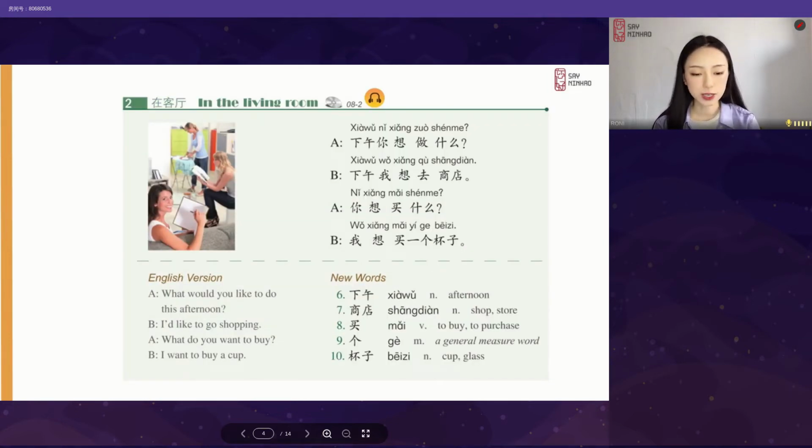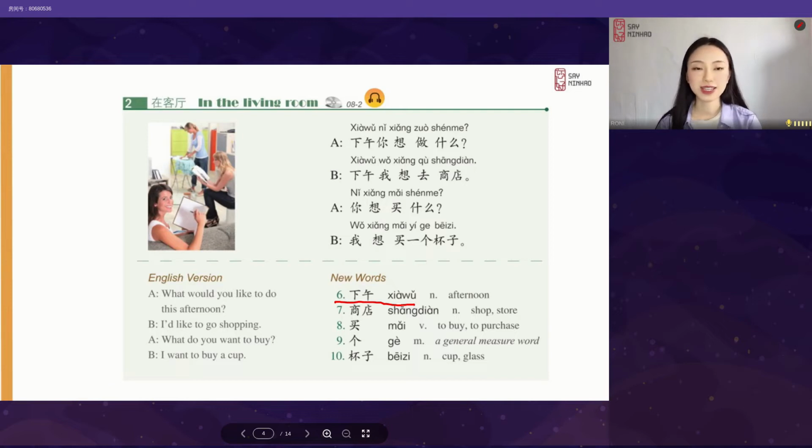Now let's move on to our text 2. Let's see the new words first, as usual. First one is 下午. Read after me, please. 下午 means afternoon. Try to say today's afternoon. It is 今天下午. We learned 今天, yesterday and tomorrow before in the last lesson. 今天下午 is today afternoon.